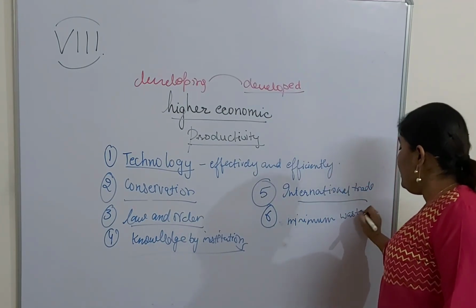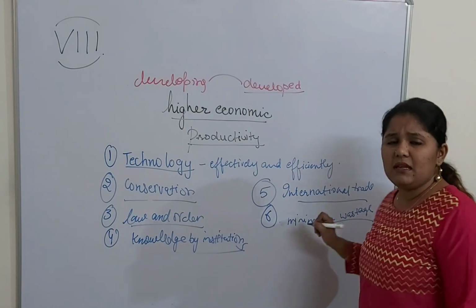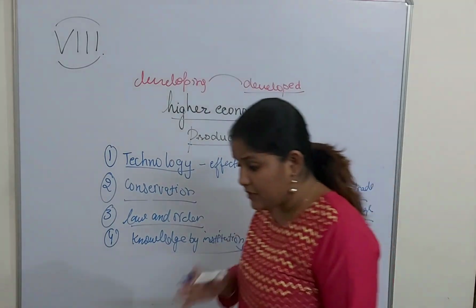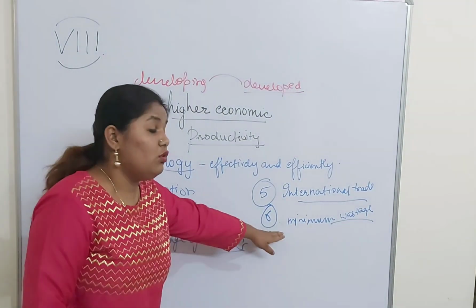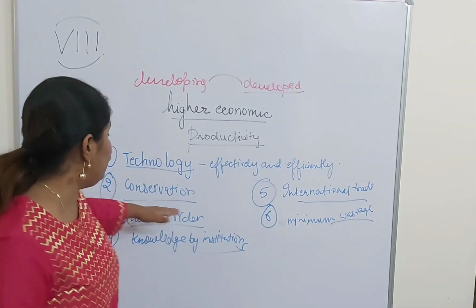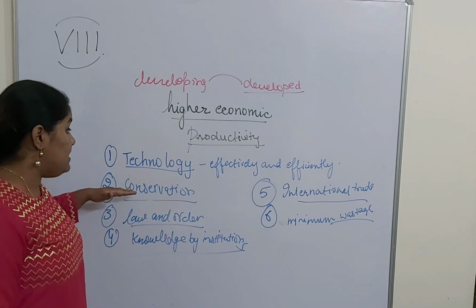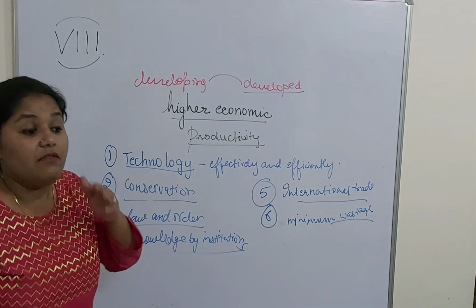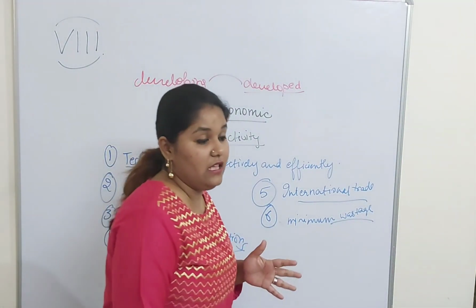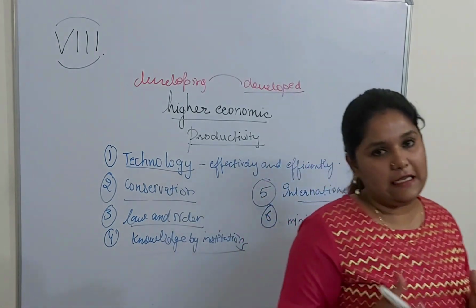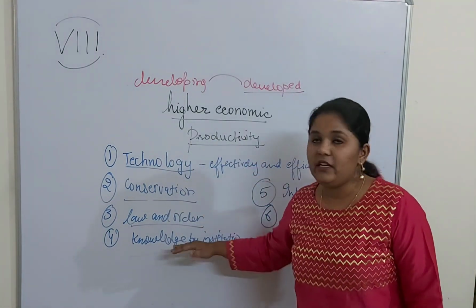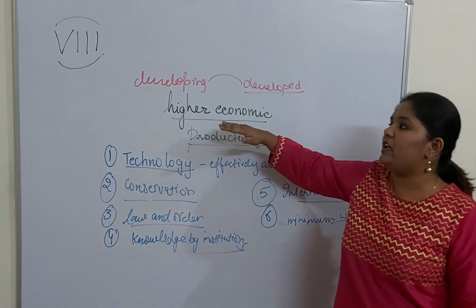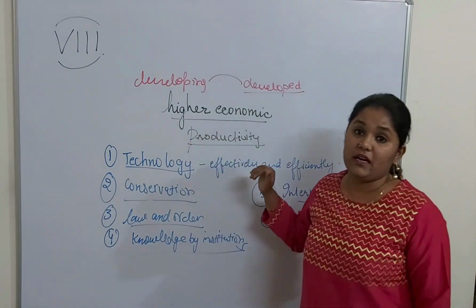A country should minimize as much as it can; it has to do that. Minimum wastage of resources will lead to saving, conservation of resources automatically, and when conservation of resources will be there, we will not face problems when there is a sudden population increase in the country. Understood? So these are the pointers for how a country can achieve high economic productivity.